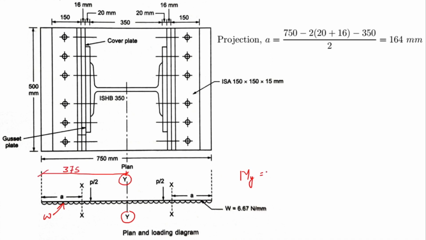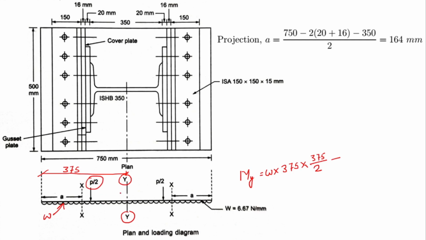So moment due to UDL will be W into 375 into 375 by 2. Then we have to subtract the moment due to P by 2.